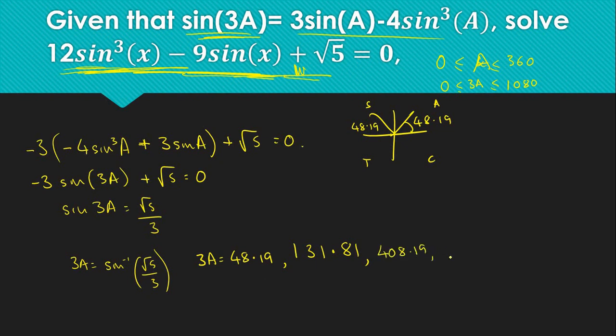408.19, 491.81. So that's 360 added onto each of those, and 768.19, and 360 plus 491.81, pardon me, comes out as 851.81.